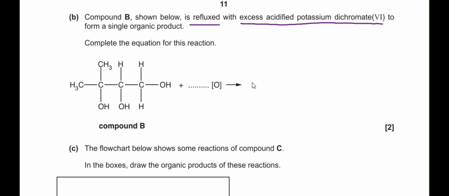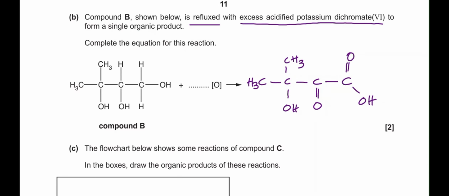So writing this out, CH3, see, nothing happens to this part of the compound. Here this will be oxidized to a ketone because that's a secondary alcohol group, and then when we come to the primary alcohol group, we need to convert this into the carboxylic acid group.